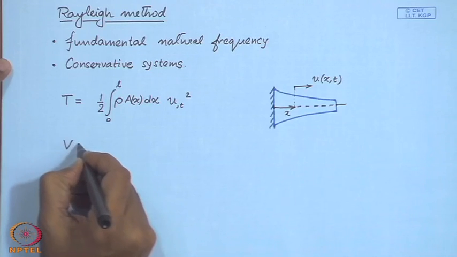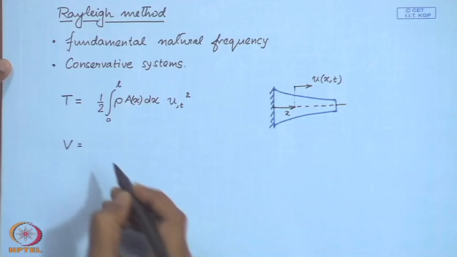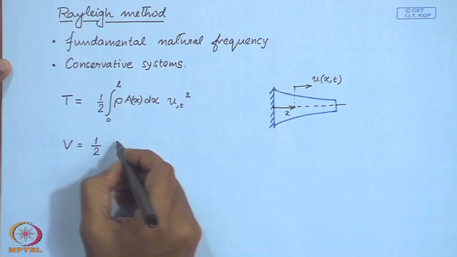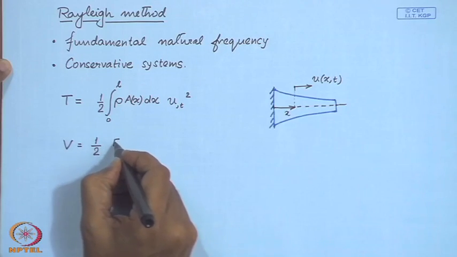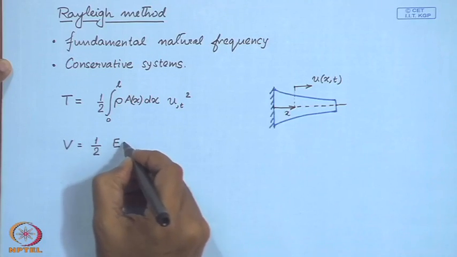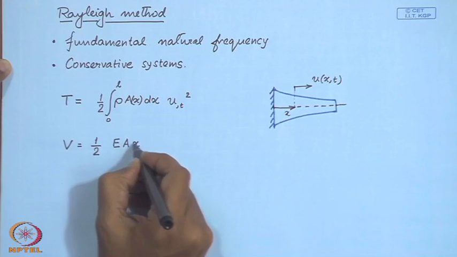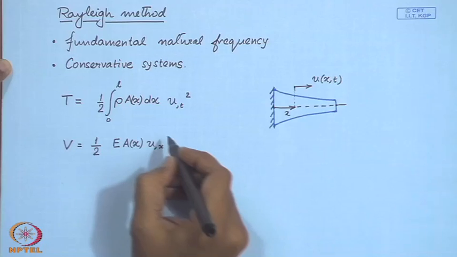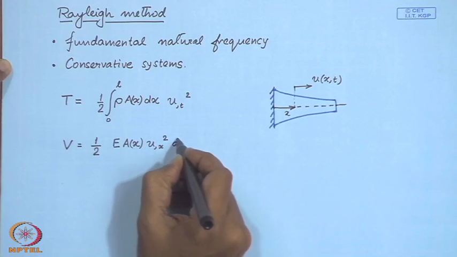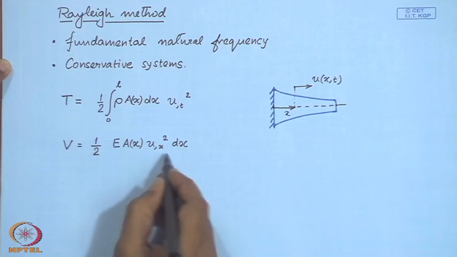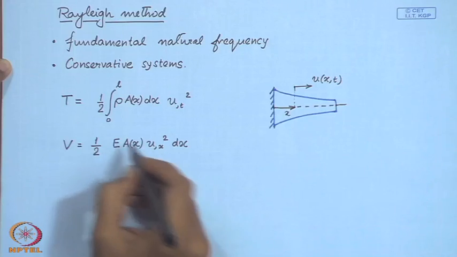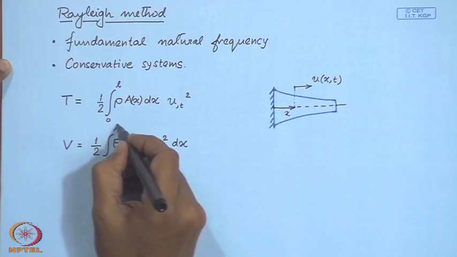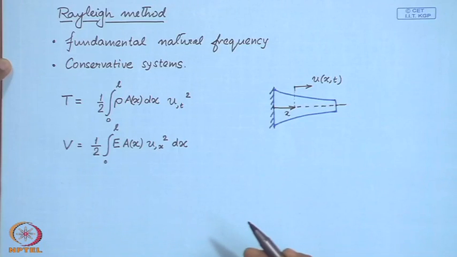The potential energy is 1/2 the Young's modulus times the spatial derivative of the field variable square dx and integrated over the domain of the bar.